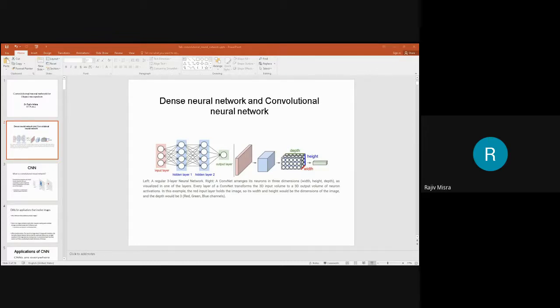Then there is object detection: given an image, detect all the objects and their locations in the image. Semantic segmentation: given an image, assign each pixel a class label so that we can look at the image as a set of labeled segments. And instance segmentation, which is similar to semantic segmentation. So you can see these are the core tasks of computer vision.